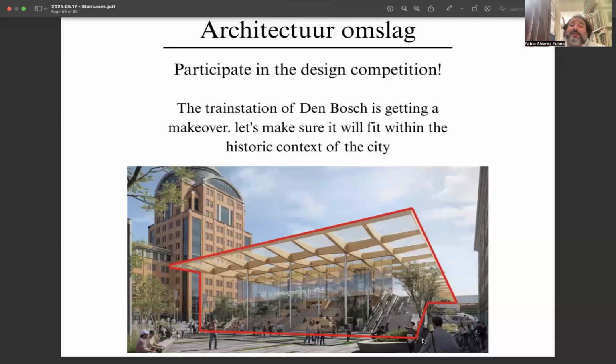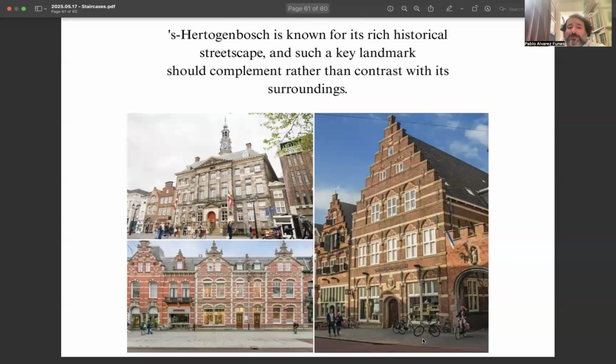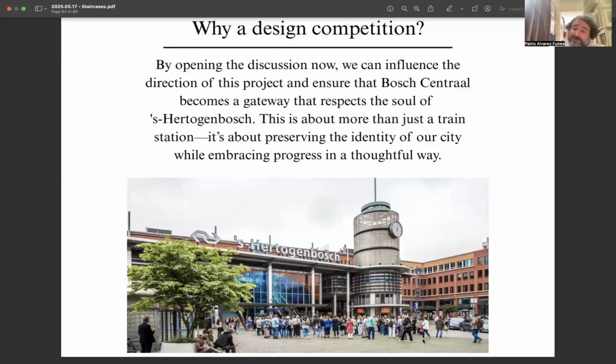There is this new competition in the Netherlands for the alternative train station. Again, you still have a lot of time. Find information about it on the Architectural Prize in the Netherlands, or ask us through the WhatsApp groups, and we will share more information.